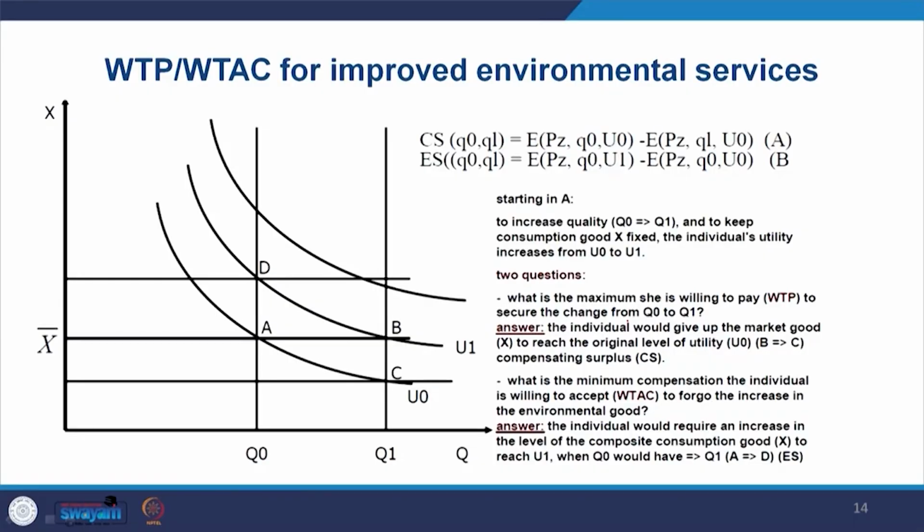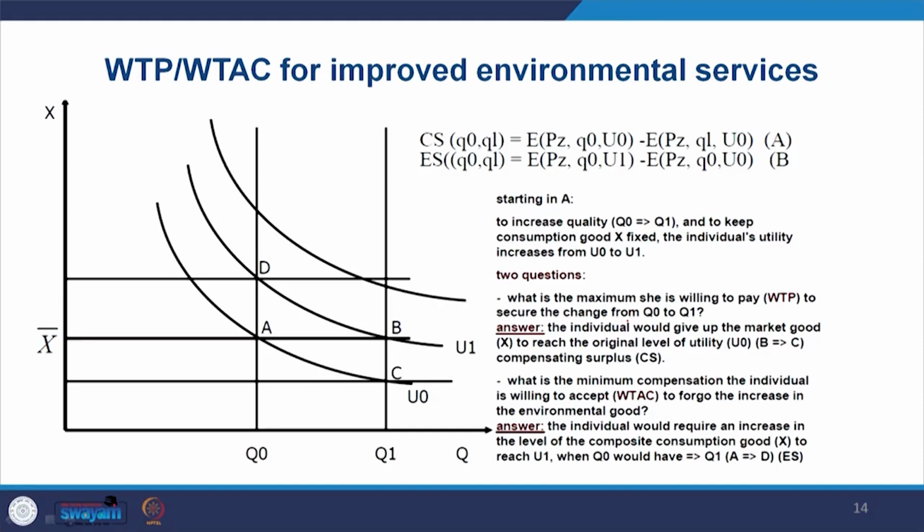Just the opposite is equivalent surplus, which is equal to the amount of money spent by the consumer on the conventional product when environmental quality is not changed, but the consumer reaches a higher level of welfare from the initial level, minus the amount of money that is required for the consumer to achieve the given level of utility with the given level of quantity.